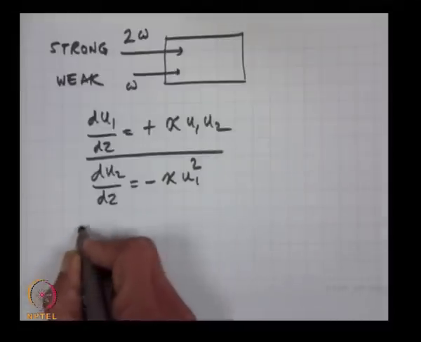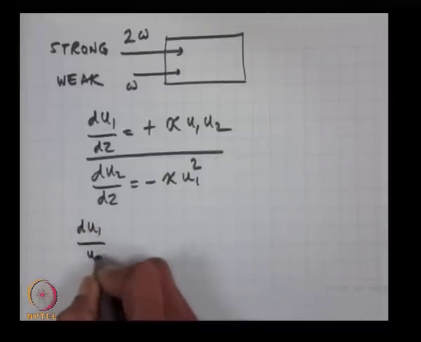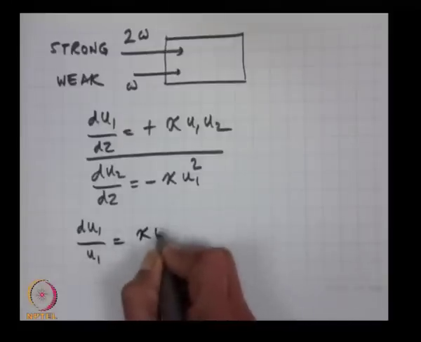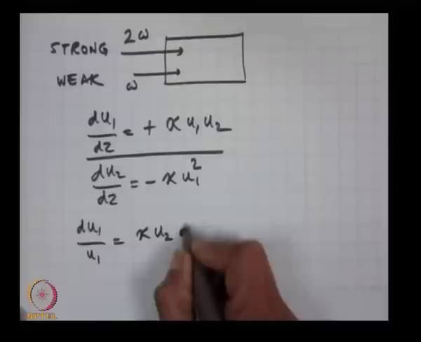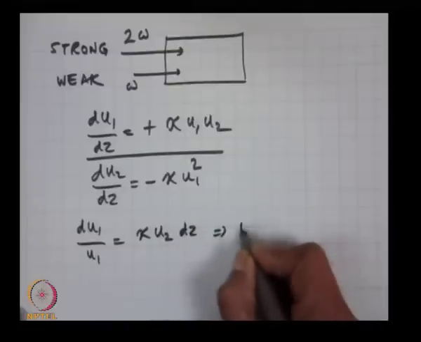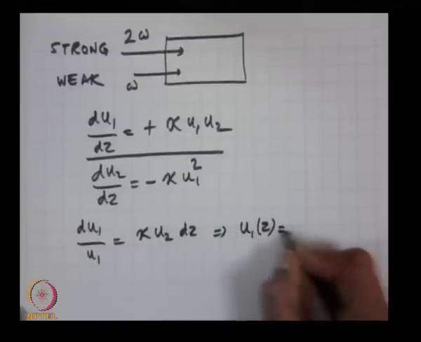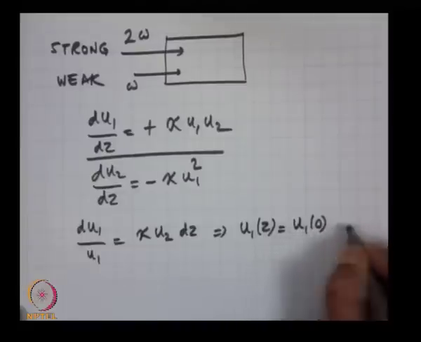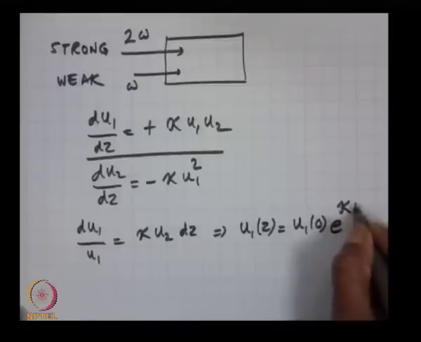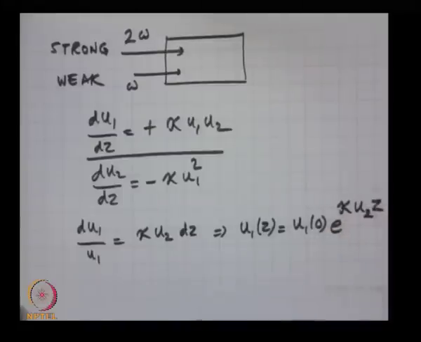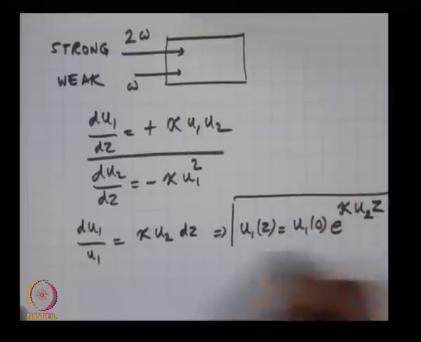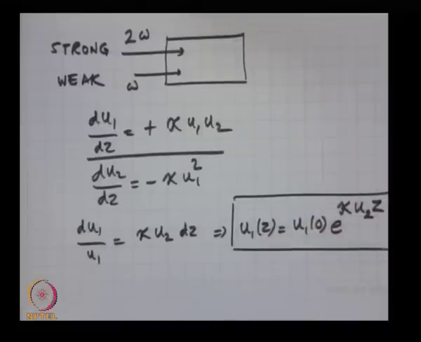So I will have du1 by u1 equal to kappa u2 dz, implying u1 of z is equal to u1 of 0 into exponential kappa u2 z.